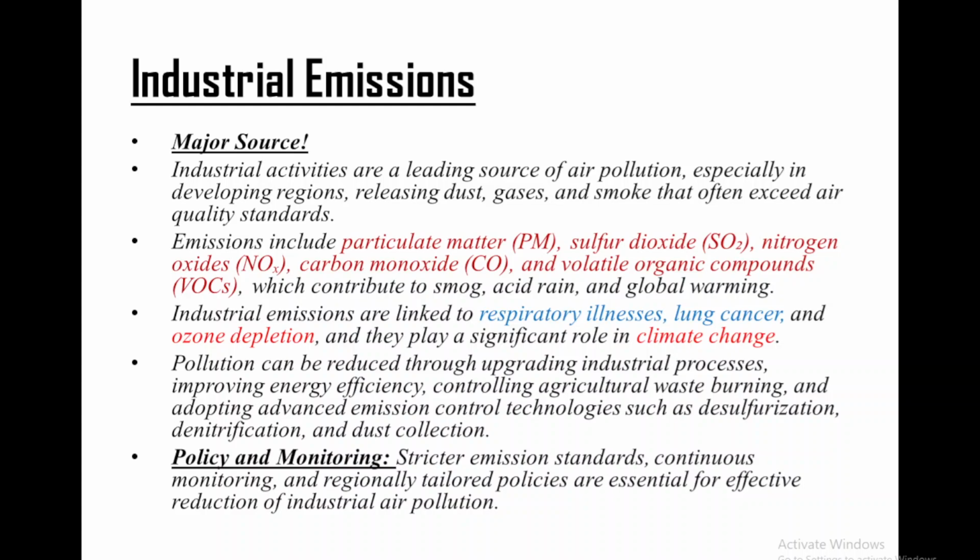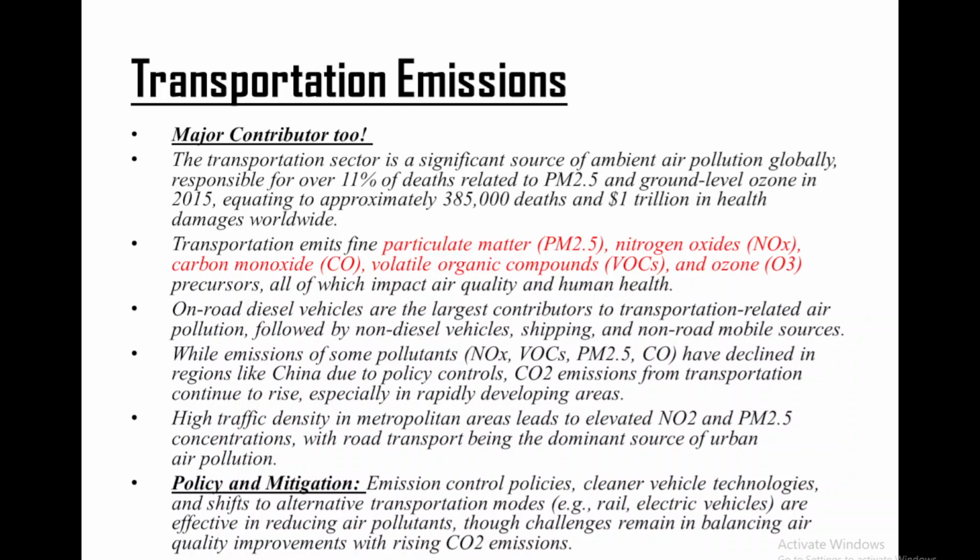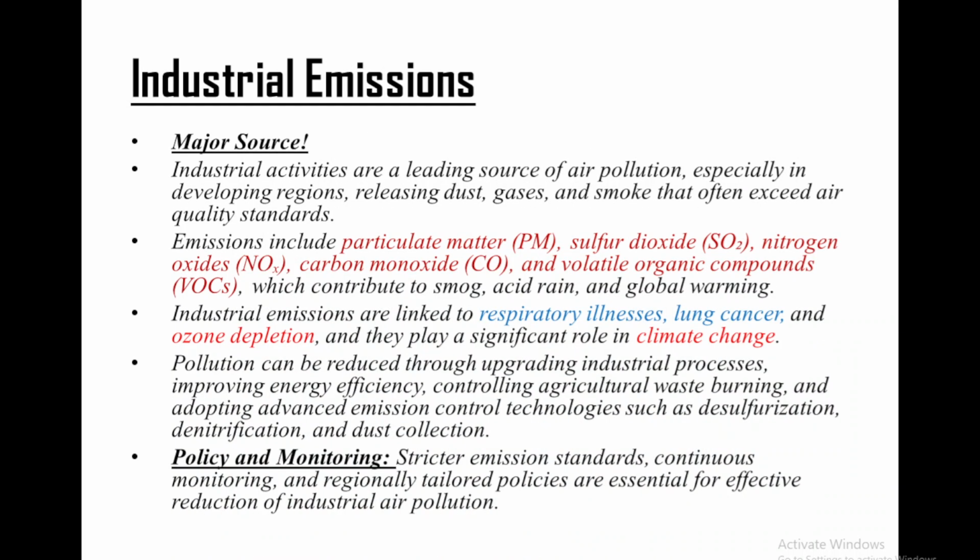Coming to industrial emissions, we will discuss industrial emissions along with transportation emissions because in many regards they are similar or they overlap. Industrial and transportation emissions form a core of anthropogenic air pollution.